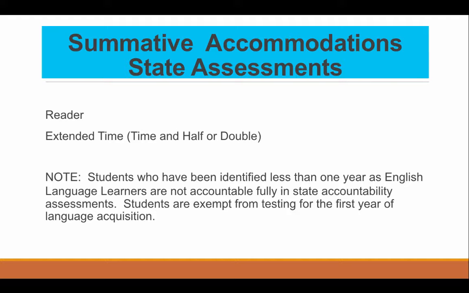If your PSP mandates and shows that the student is getting state accommodations for testing, you should still use those accommodations, even if you know they're a newcomer, and they will not be participating fully in state assessments for the first year. It's important to have students become accustomed to their accommodations and how to use those accommodations and how to test within those testing environments.